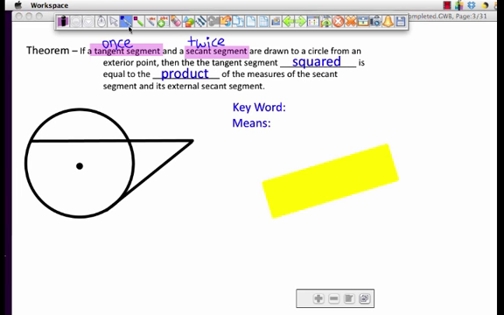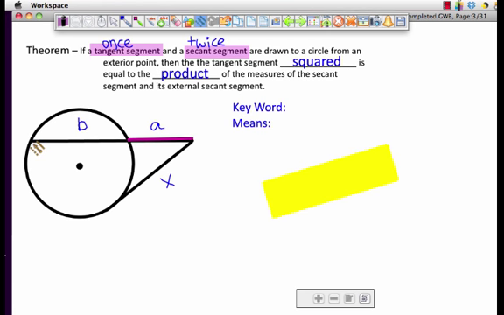But I'll just show you what they mean. Let's call this X, let's call this A, and let's call this B. All right, they are saying that you could do X squared equals A, the outside piece, times the whole piece.